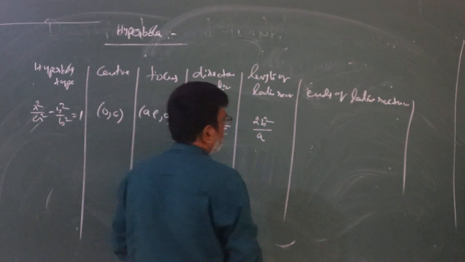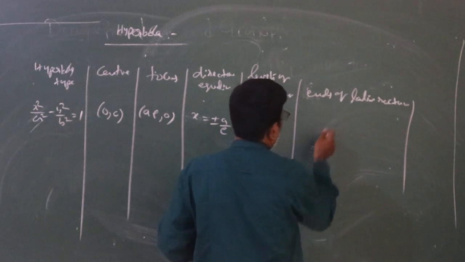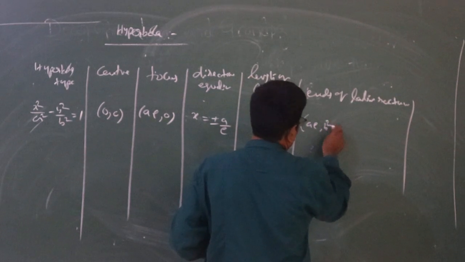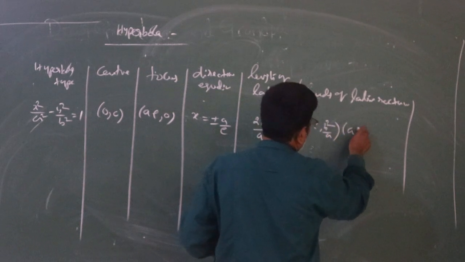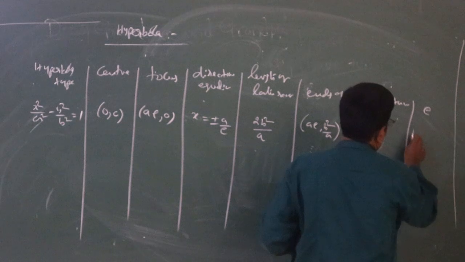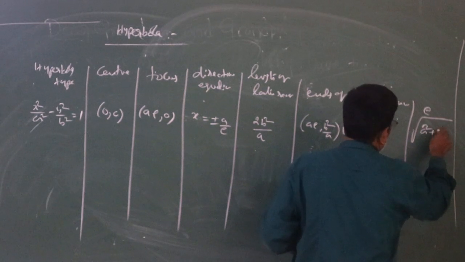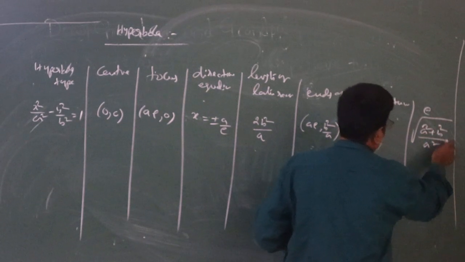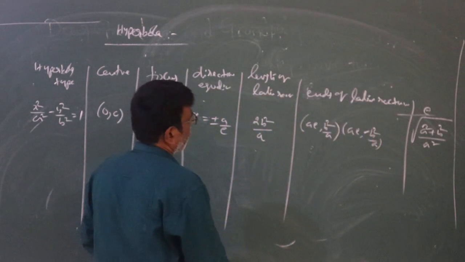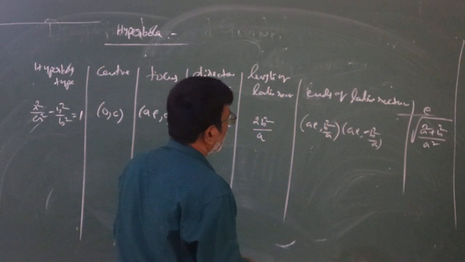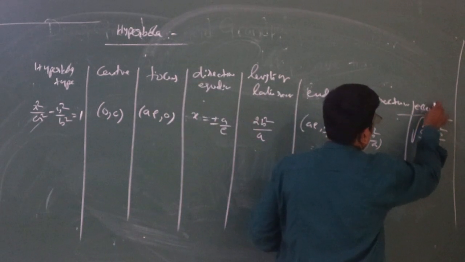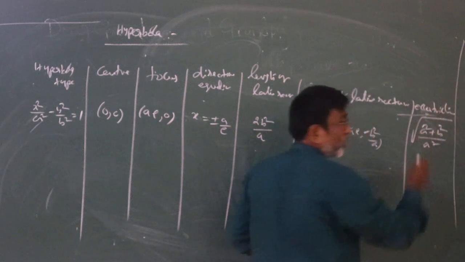Ends of latus rectum are ae comma b square by a and ae comma minus b square by a. Eccentricity is root of a square plus b square by a square. This is a very important formula.